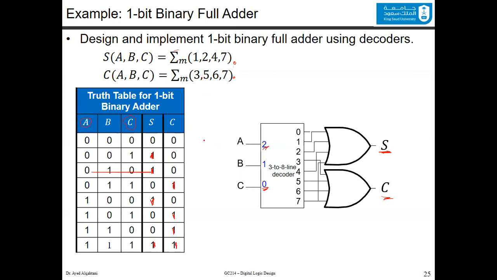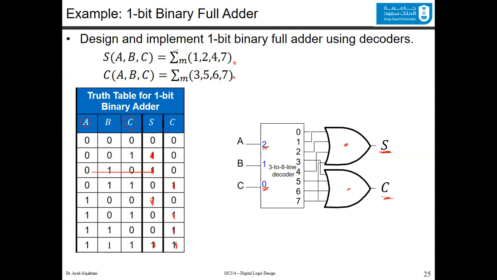Now what you do is, because you have two different Boolean functions, you will have two different ORs. And you collect their corresponding minterms as inputs for this OR. For the sum, it was 1, 2, 4, and 7. So you get 1, 2, 4, and also 7.